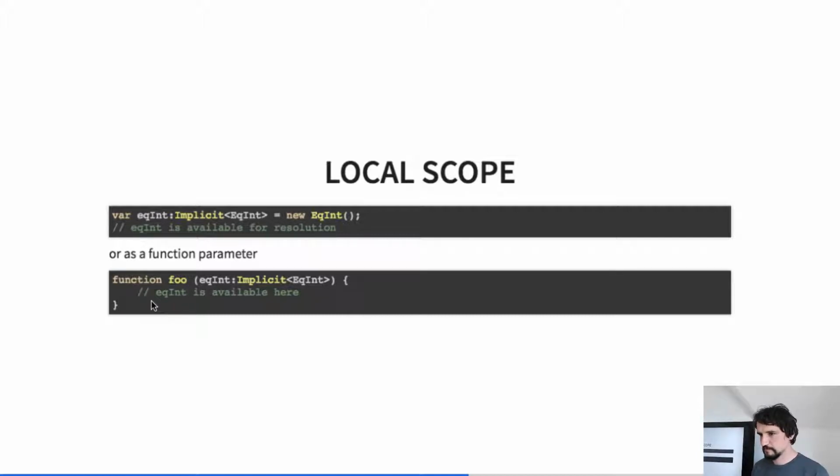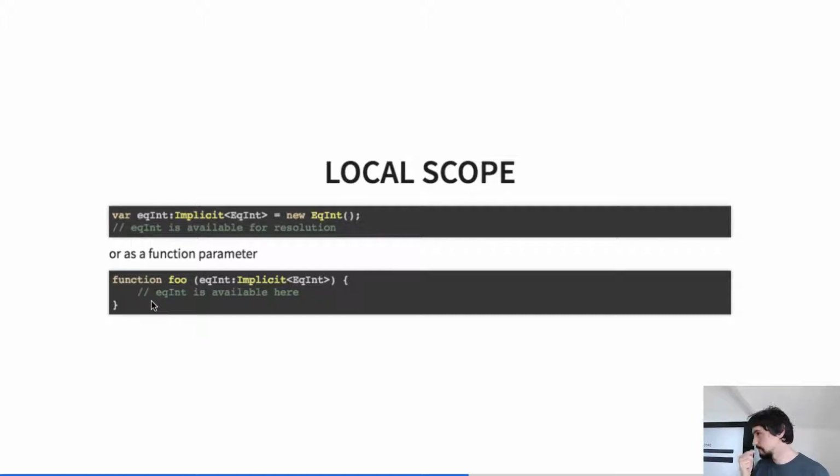You could run a build macro before that, and that would be possible, but I wanted to avoid build macros for this stuff. This is the same for function parameters. The nice thing is when you define a function with an implicit inside of the function parameters, it becomes automatically available inside of the function for another call.